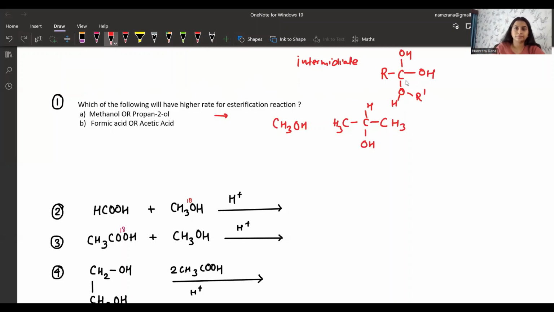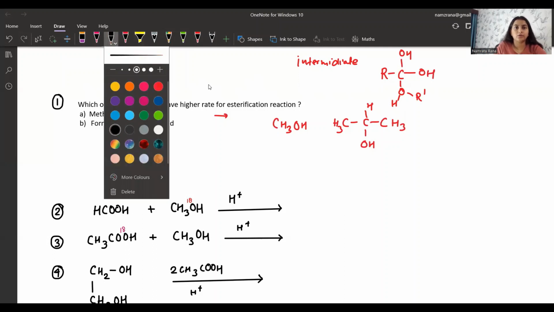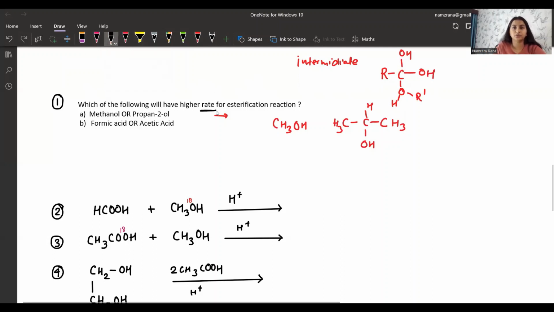The question is asking about the rate of reaction. For any reaction to be fast, you need to see the stability of this transition state. Now, transition state stability depends upon the steric hindrance.